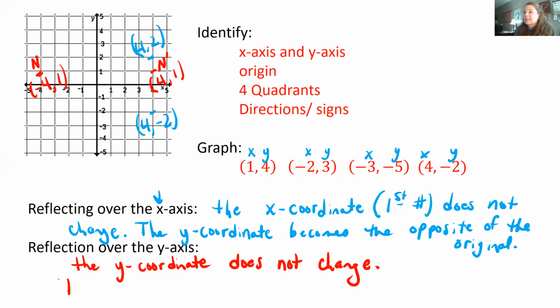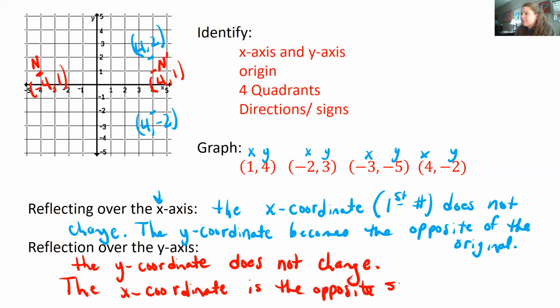The x coordinate is the opposite sign of its original. My goodness, my writing is horrendous. Y'all understand what I mean, okay? So make sure you're writing these down. Make sure you are taking notes of these because you're going to have questions over this stuff, okay?